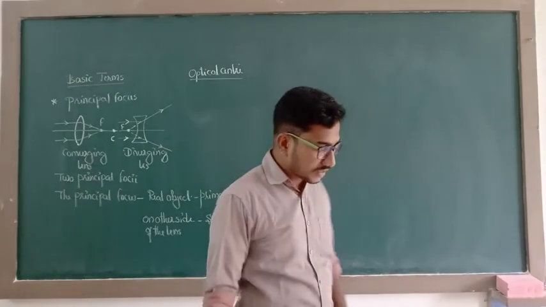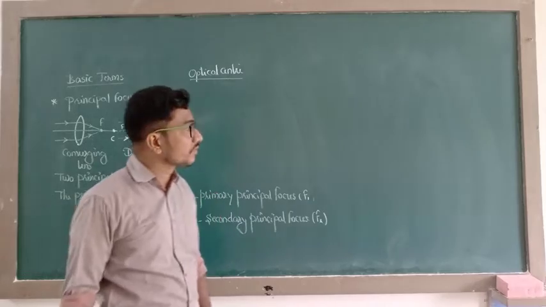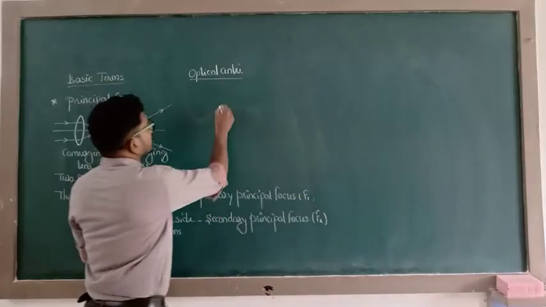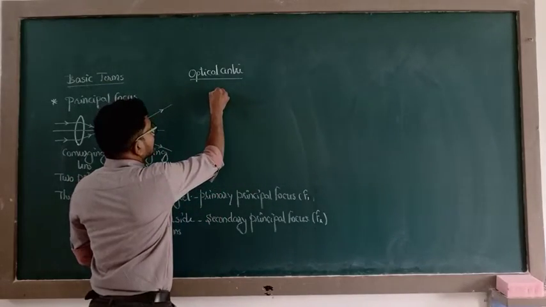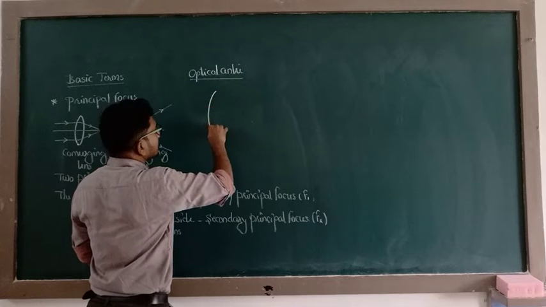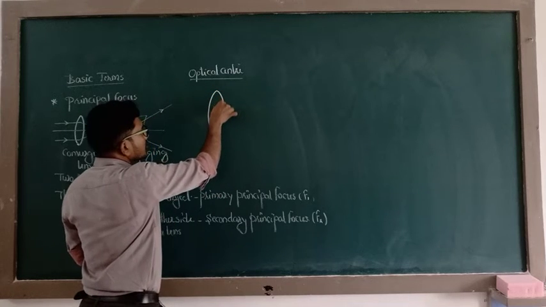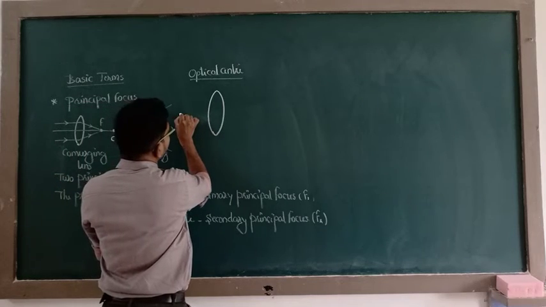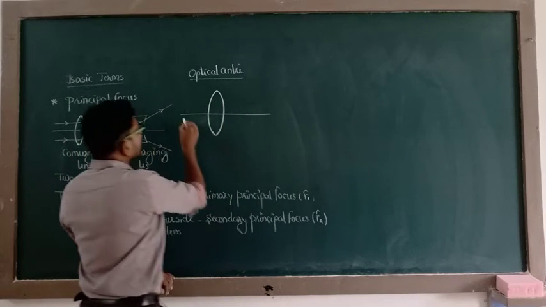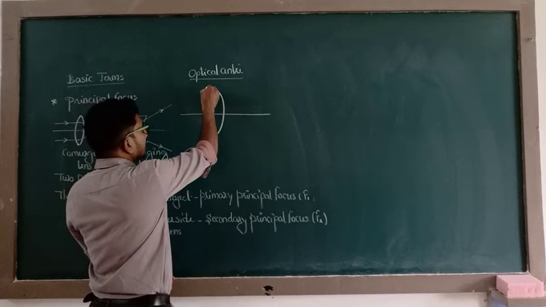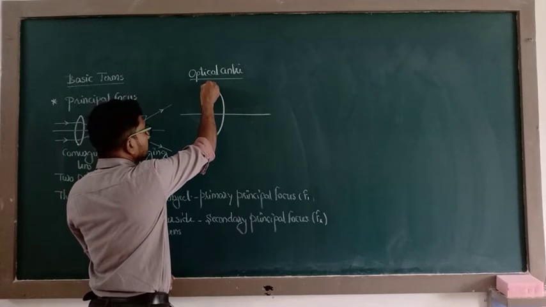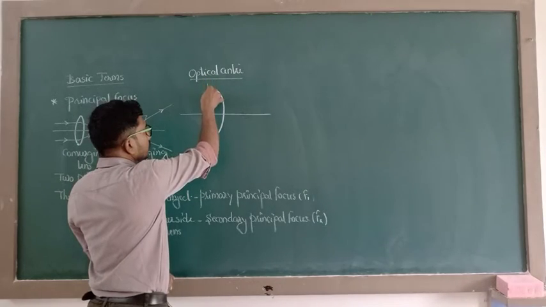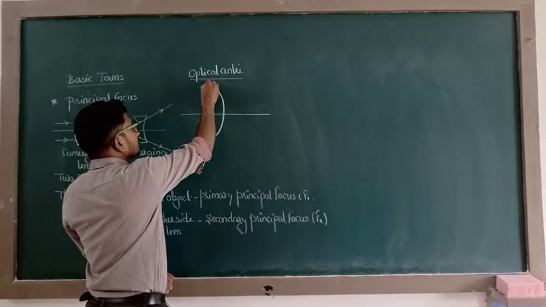So let us consider a convex lens. In case of a biconvex lens, this is our incident light ray.